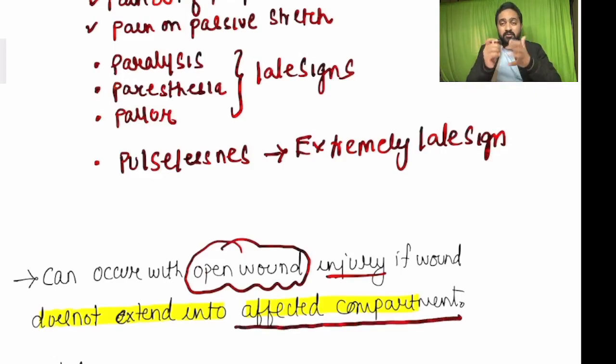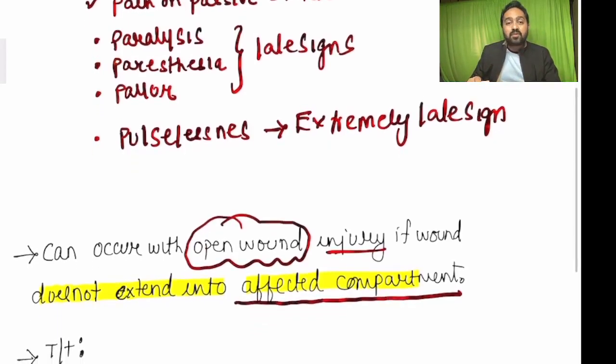The purpose of mentioning this is that you might get a true or false question, or a which-of-the-following-is-true question regarding compartment syndrome, where a statement might say that compartment syndrome can occur with open wounds. So yes, it can occur with open wounds, provided the wound does not extend into the affected compartment.